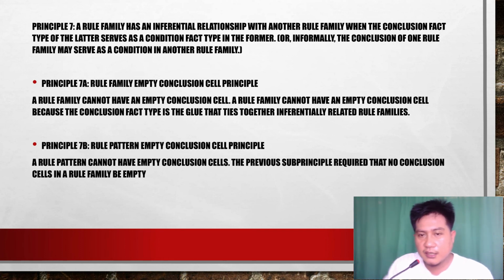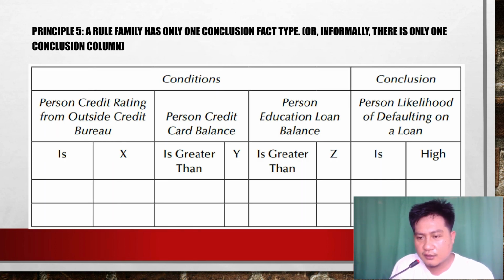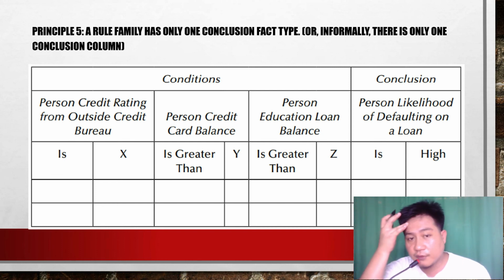So this conclusion here should not be empty. It should be filled, because this conclusion is the glue that binds these three conditions. That is the role family empty conclusion cell principle of principle number 7.